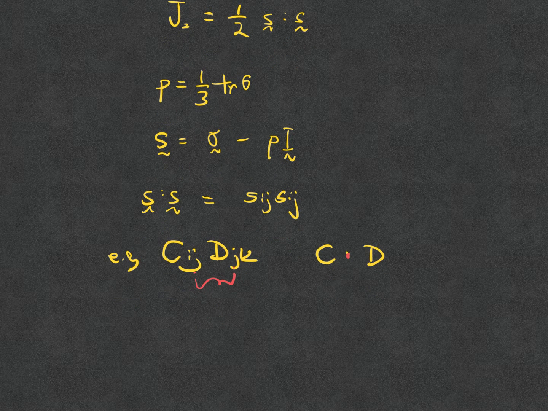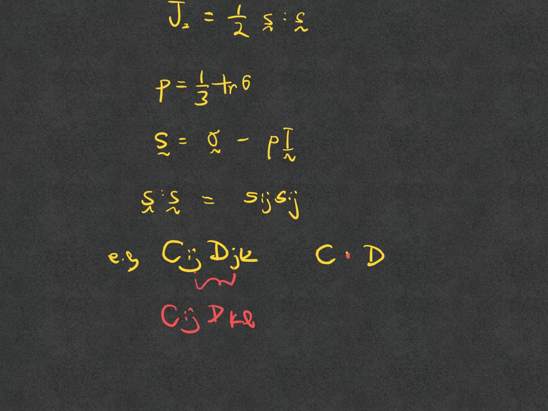On the other hand, if I write Cij Dkl, this is also a product, but this would actually lead to a mathematical quantity that has 4 different orientations, and hence it will lead to a 4th order tensor.